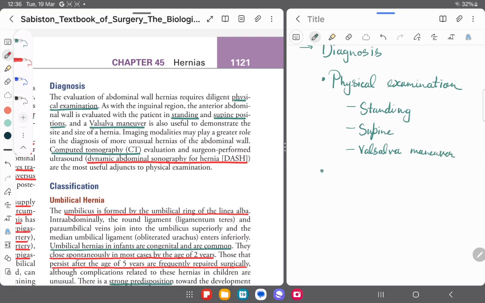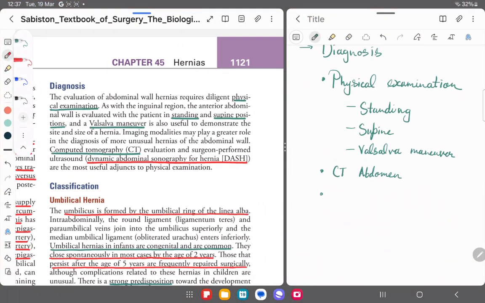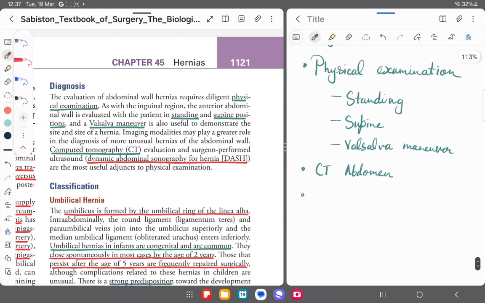Then you can go for CT abdomen, and also you can go for dynamic abdominal sonography for hernia, which is DASH.